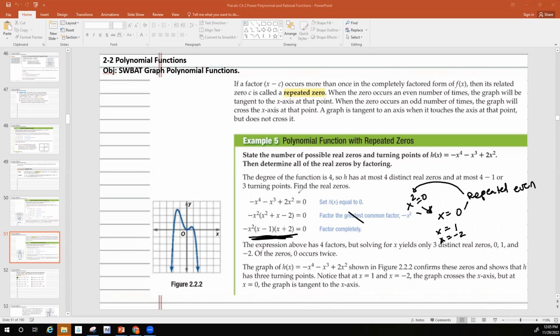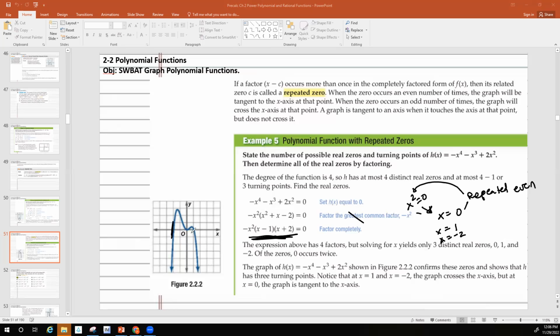So when it's even, that means it just touches. That's what they mean by tangent, where it just touches it. It only touches at that point. But when you have an odd number, like x minus 1 is to the first, x plus 2 is to the first, whenever it's an odd exponent, then it's crossing.